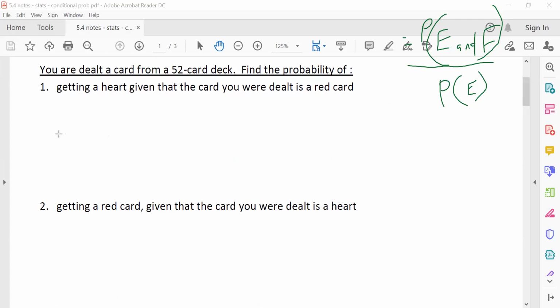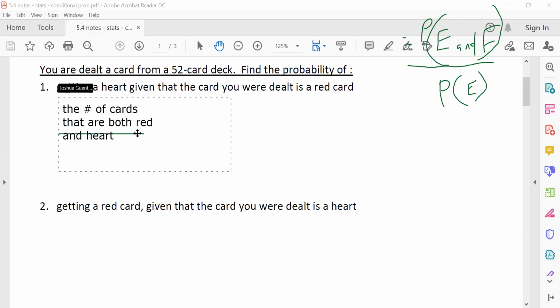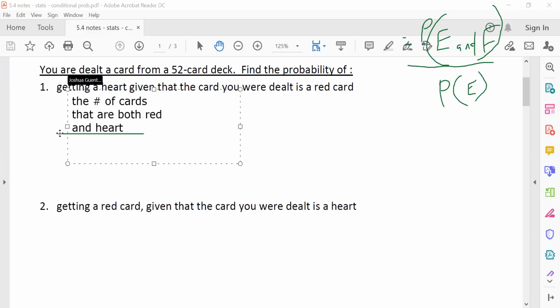You take the number of cards that are both red and heart. You take the number of cards which are both red and a heart, and you divide by the number of cards that are red, the thing that you're given.